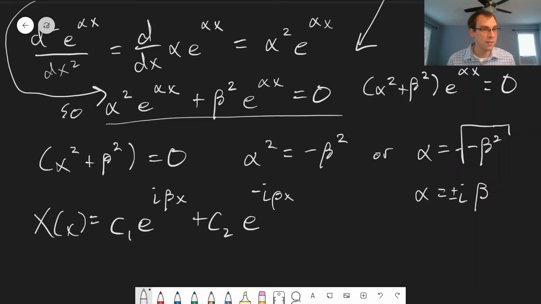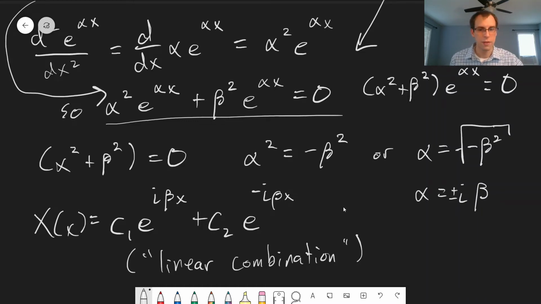And with any values of C1 or C2, this will still satisfy the equation that we have. This concept of having a function that's made up of two parts like this is what's known as a linear combination, and this will show up again later in our class.